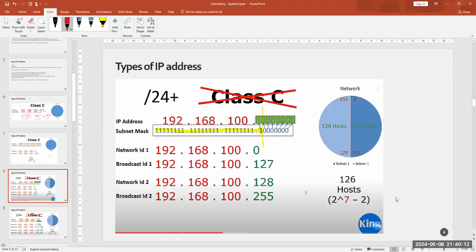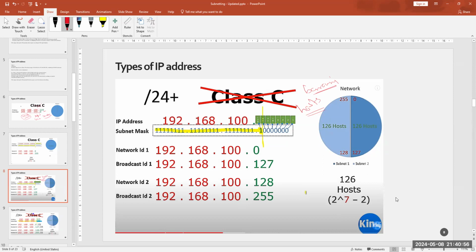Now I am creating the subnetting. If I am creating subnetting, then what I will do over here is borrow 1 bit, as I said, the technique for borrowing. If I borrow 1 bit within the host, then I can segregate the whole network into two parts.